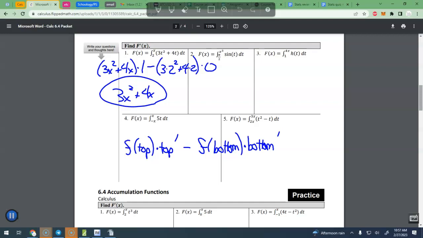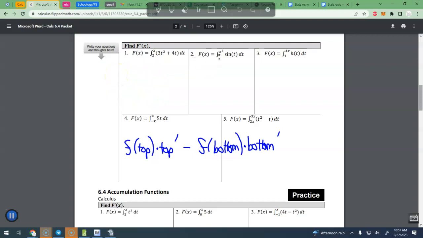Alright, so if I look at number 2, it's really the same idea, and you might start realizing I don't need to write this really. But your job is to plug in the top, so I'll get sine of x to the third, times the derivative of the top. Well, what's the derivative of x to the third?